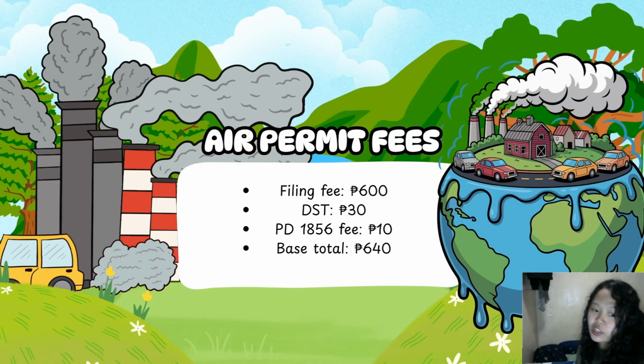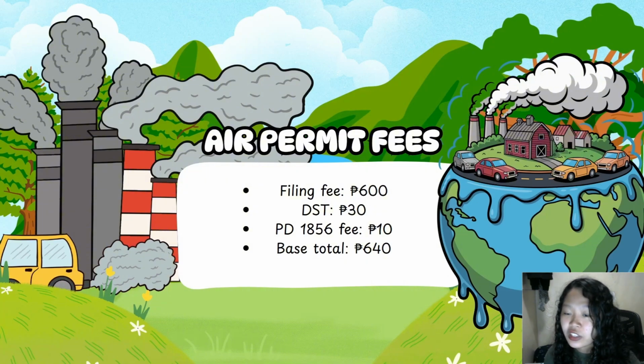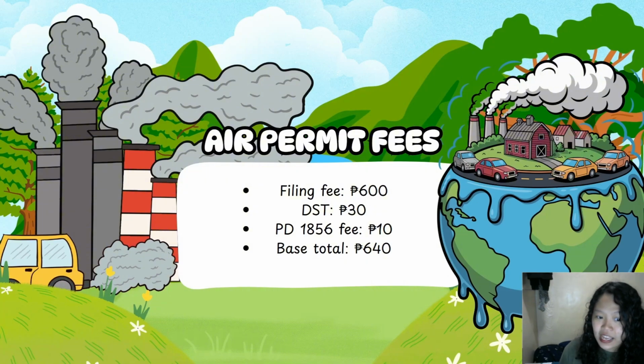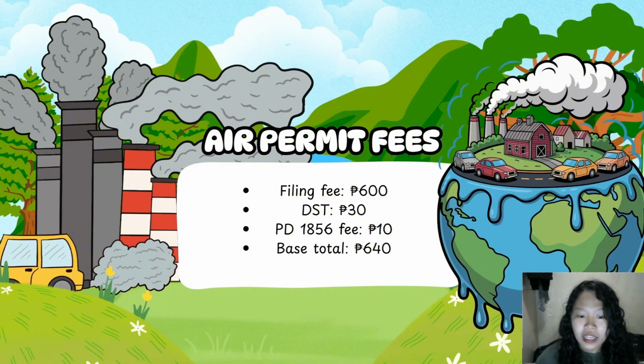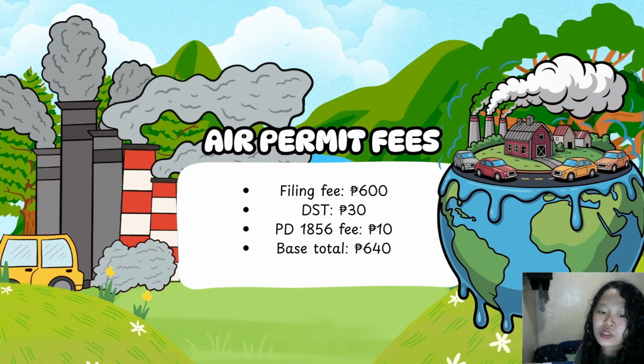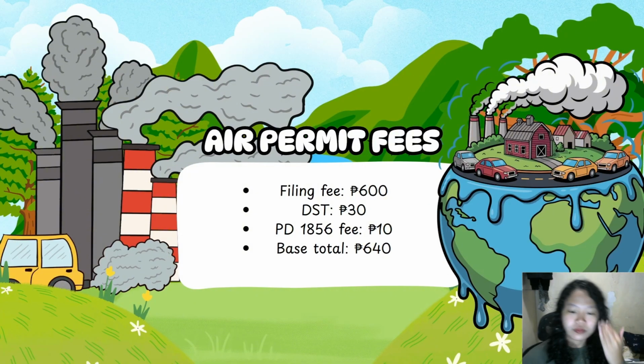The basic charges include 600 filing fee, 30 documentary stamp tax, and 30 PD 1856 fee, so around 640 agad. Additional permit fees will depend sa type at capacity ng equipment ninyo. These are standard compliance costs para ma-regulate ang air pollution.